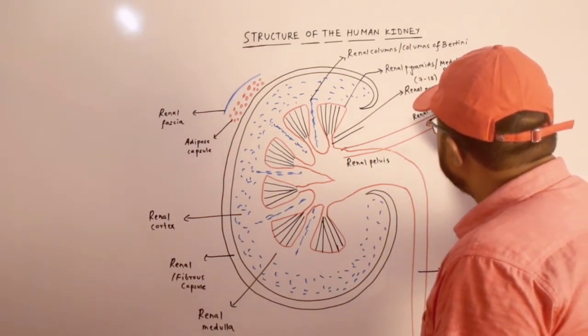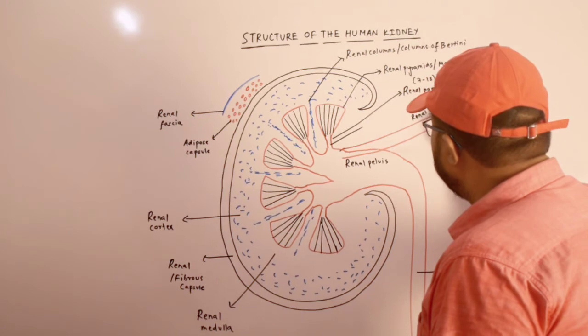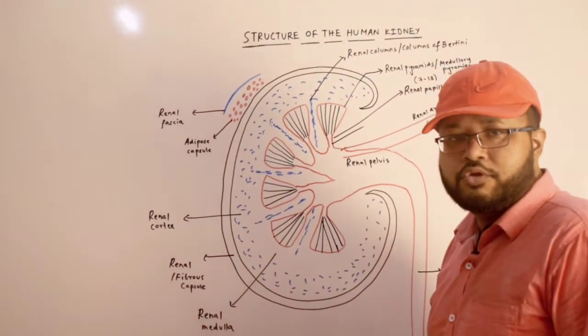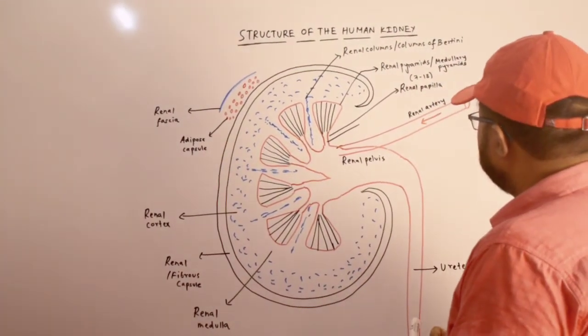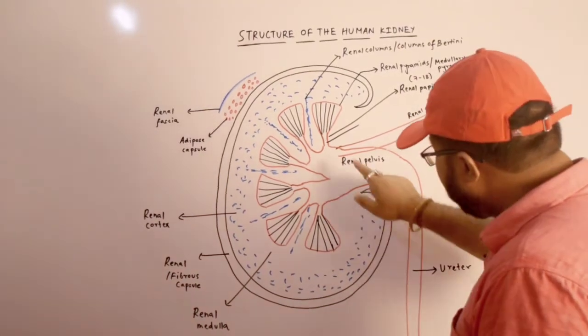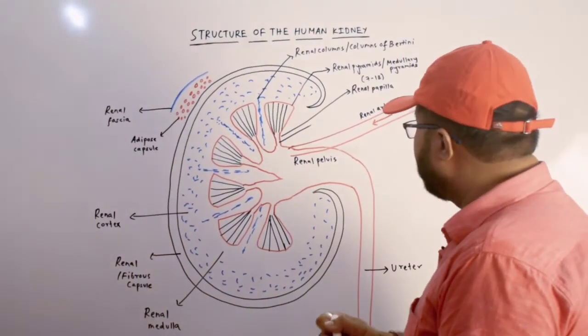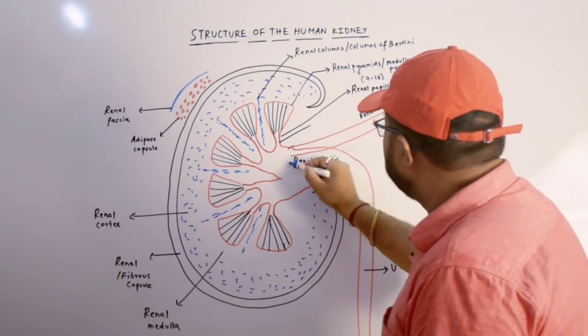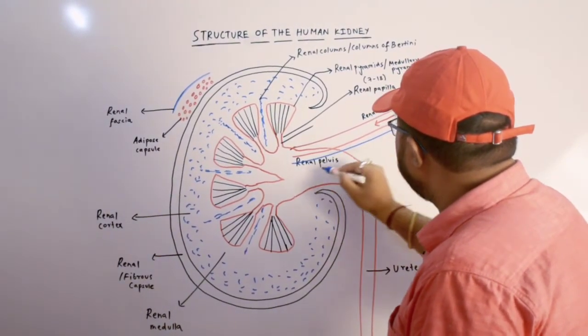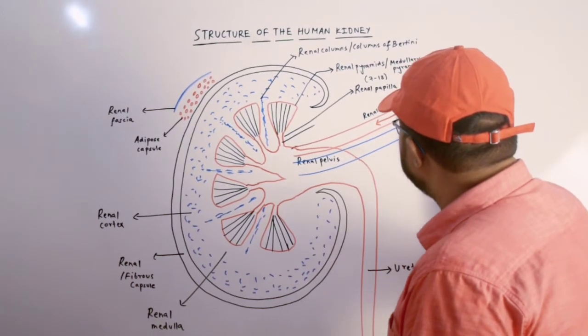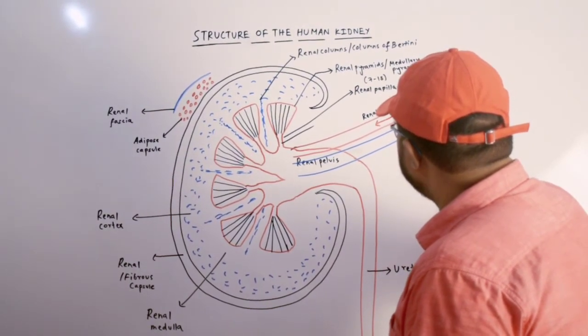It supplies oxygenated blood to the kidney. What does the kidney do? It filters the blood, and the purified blood comes out of the kidney through the renal vein. So this is the renal vein.